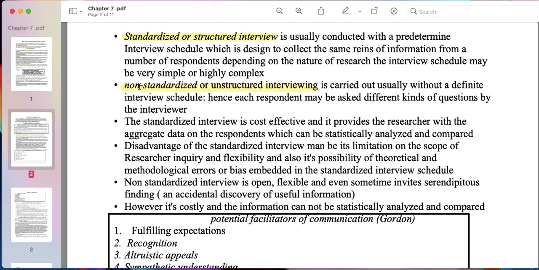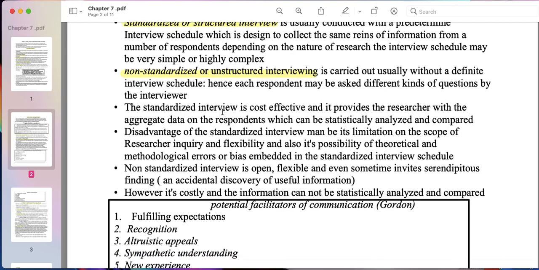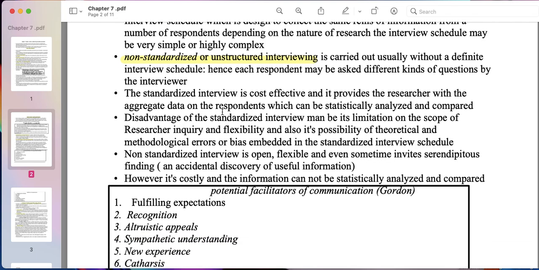We also talked about non-standardized or unstructured interviews, which are defined as being without a definite interview schedule. Hence, each respondent may be asked different kinds of questions by the interviewer, meaning pretty much that they don't have a preferred way of asking these questions.